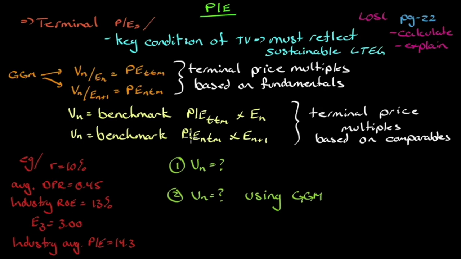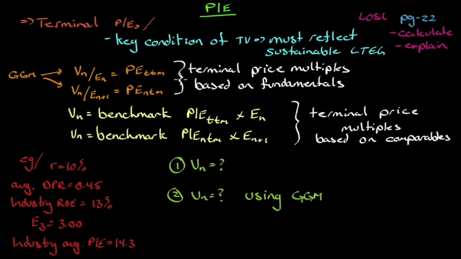So we can arrive at the fair value, or Vn, of the issue by multiplying the benchmark PE by either En, the earnings forecast for period n, to get our trailing 12 months, or by En plus 1 to get our next 12 months. So these are terminal price multiples based on comparables.